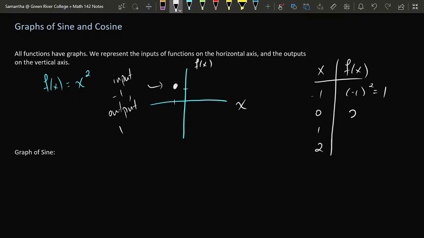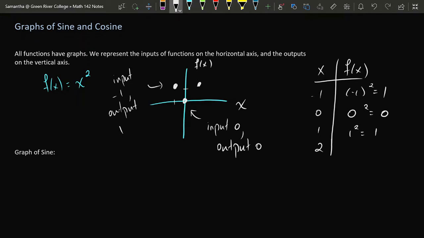If I plug in x equals 0, 0 squared is equal to 0. So I would plot the point 0, 0, and this would tell the reader that for this function, if I plug in 0, the output is going to be the height of the point, which is also 0. Same thing is true for +1. +1 squared is 1.